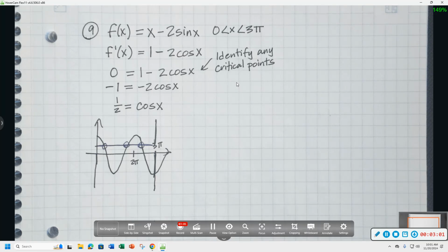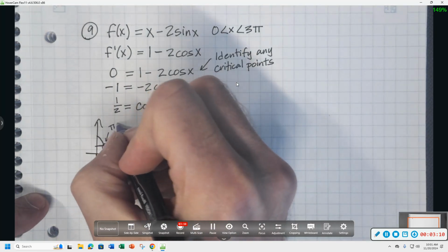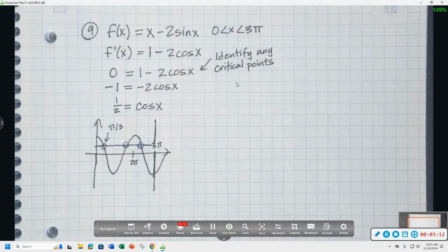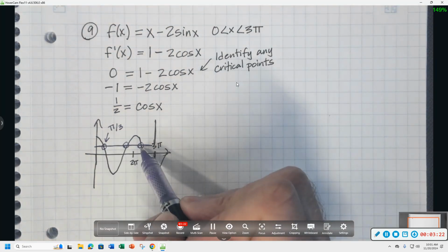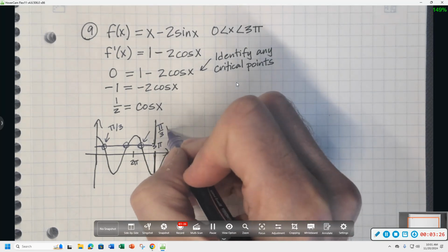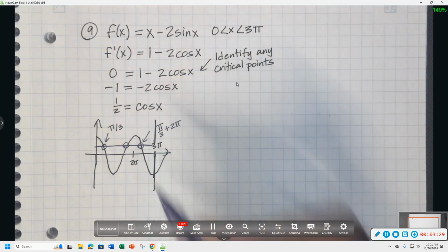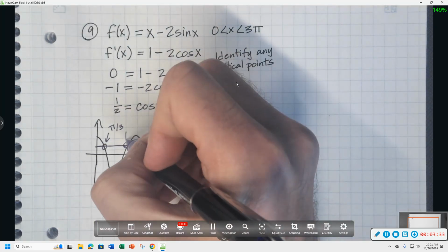Yeah. Okay. Where's the first one? Pi over 3. So at pi over 3, cosine of pi over 3 is 1/2, 60 degrees. This point over here is just pi over 3 on the next bump over. Cosine's periodic, so this point is going to be pi over 3 plus 2 pi.